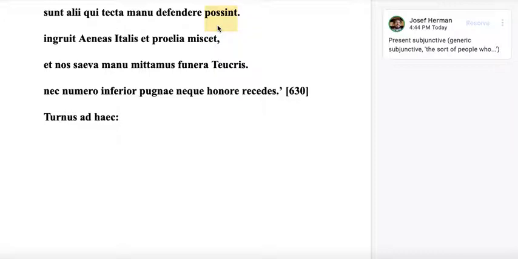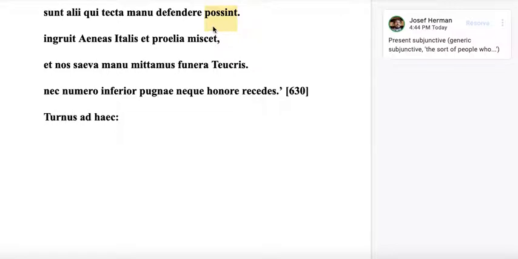There are others who are able to defend, defendere, their tecta, okay, that means their houses, by hand, manu, okay, that's the ablative singular of manus, meaning a hand. So literally, there are others who can defend their houses by hand.